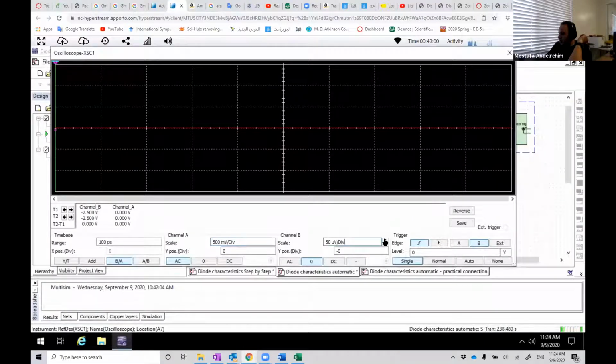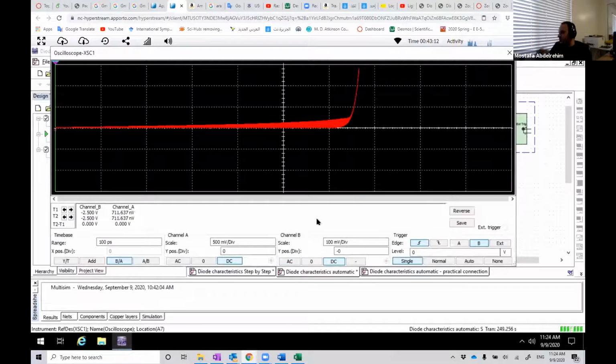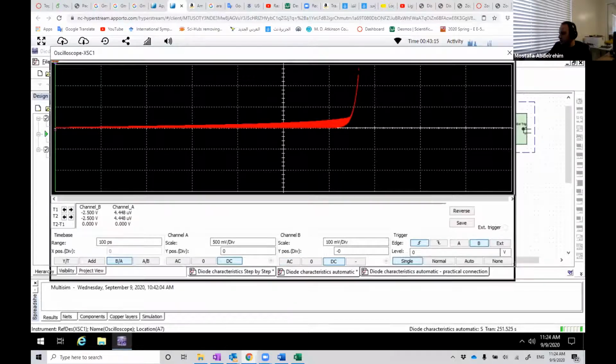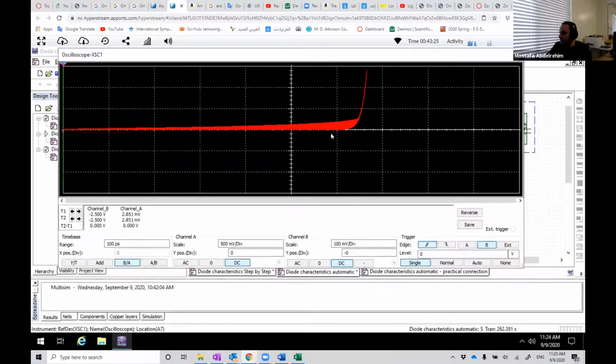And this should be DC with DC. So don't forget to set up the direct coupling here. Okay, DC and DC. So that's the diode characteristics automatically. We are interested in this piece here.